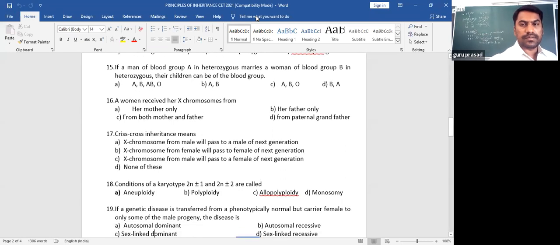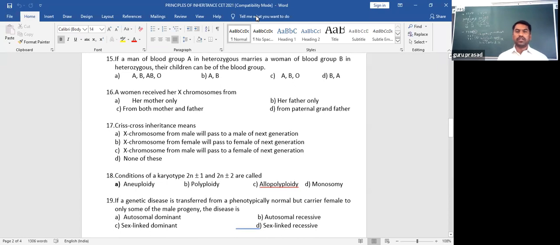These are some of the characters passed from male to male progeny. That is called Holandrism. Now, if a man of blood group A, heterozygous, marries a woman with blood group B, heterozygous, they are given two parents with blood groups A and B, both heterozygous. A blood group heterozygous is represented by capital IA and small i. B blood group heterozygous is IB small i.